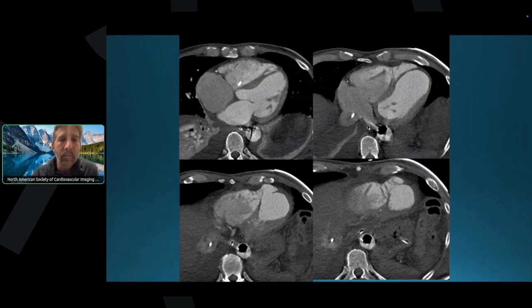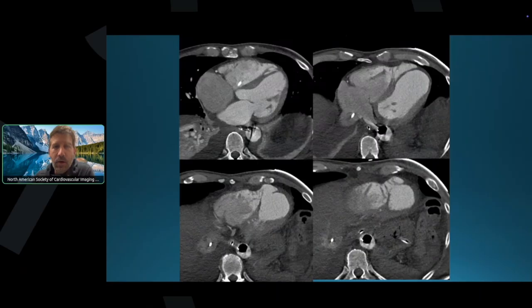Anyone want to comment on what we're seeing here? Ignore the aorta. There's an intra-aortic balloon pump in the aorta. Looks like a VSD near the apex.